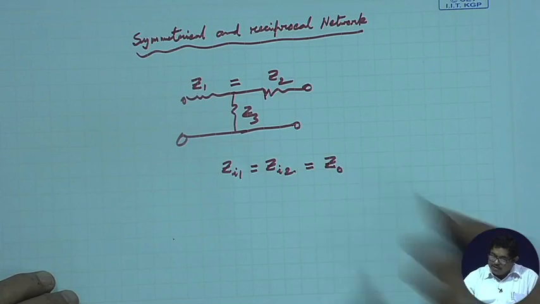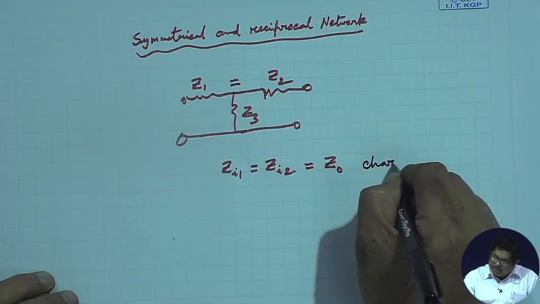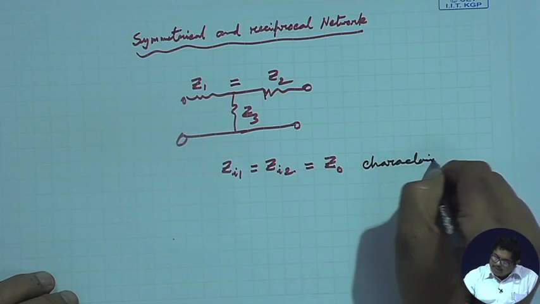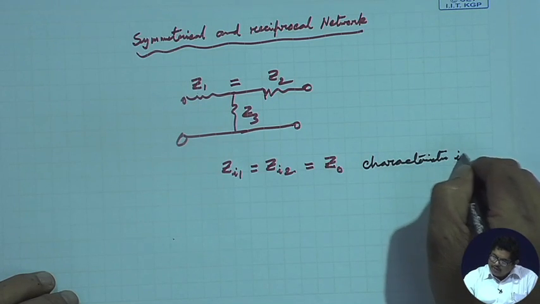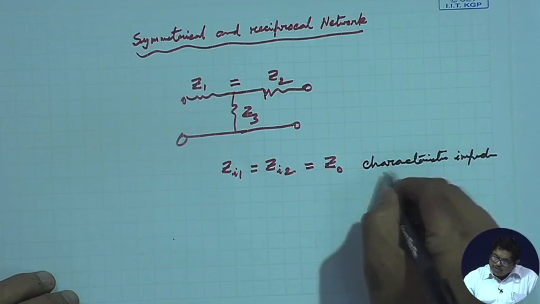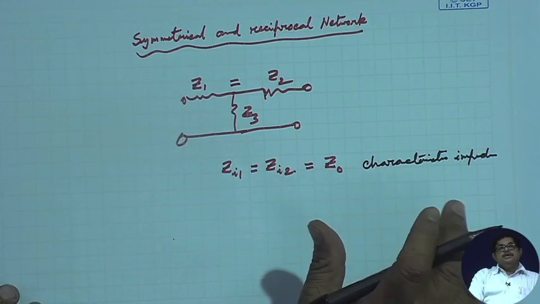What is Z0? A very, very important concept called characteristic impedance. So, for a symmetrical network, I have only one characteristic impedance. For a non-symmetrical reciprocal network, I have two image impedances, but here it is one.